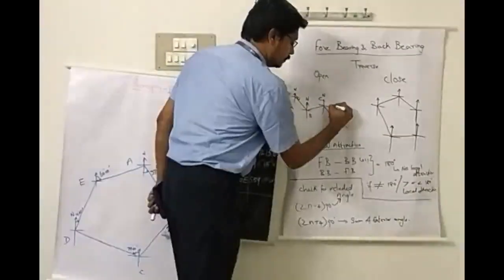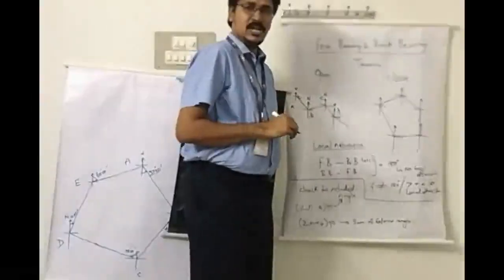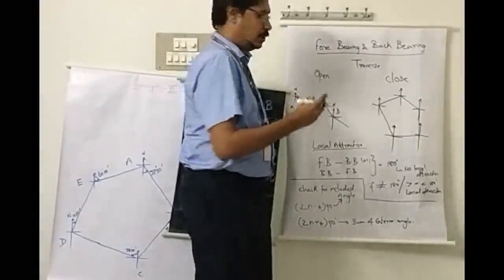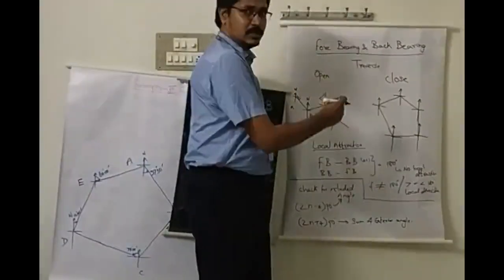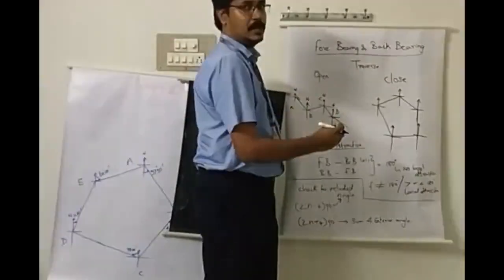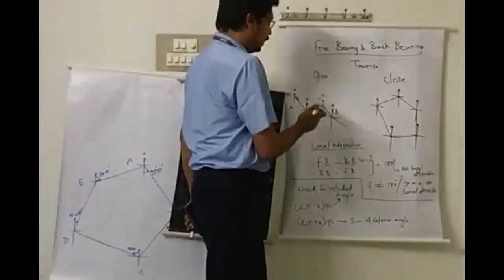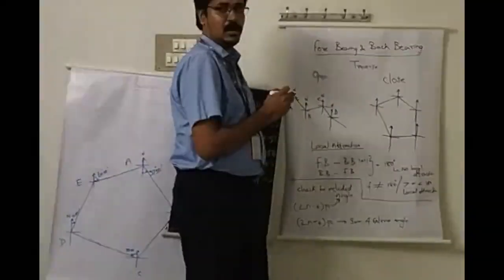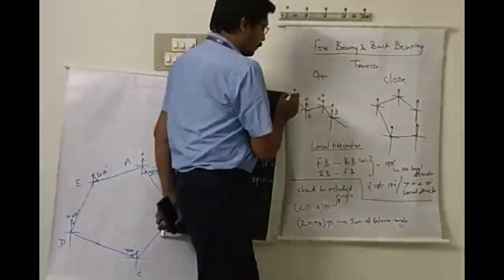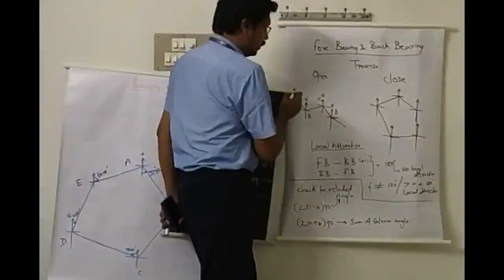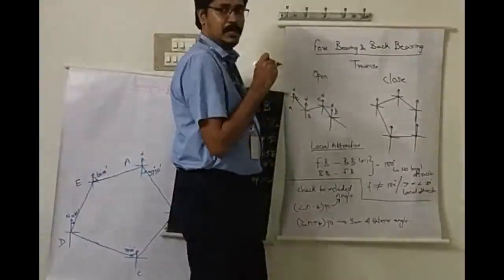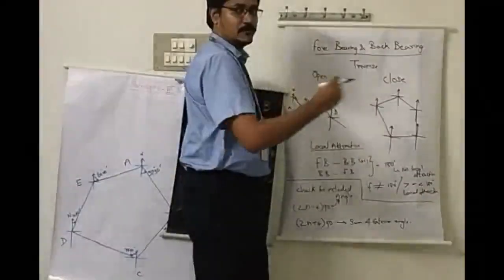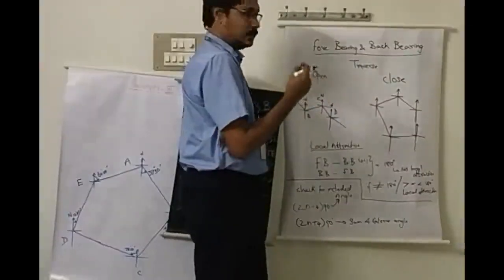Will the direction of north vary from point to point? No, if the north is in this direction, anywhere else the north will be in the same direction. So from the north, you are able to get the bearing of each line. From A to B, if you get a bearing, that bearing is called the forward bearing. It is forward, you remember.